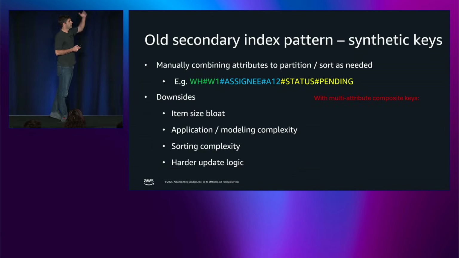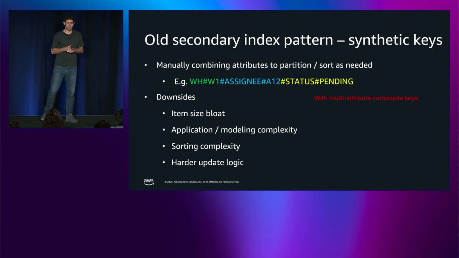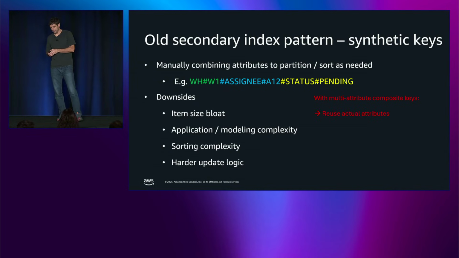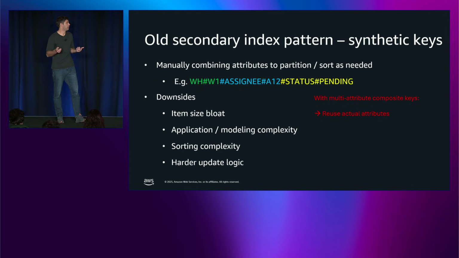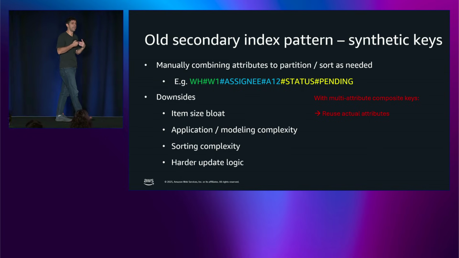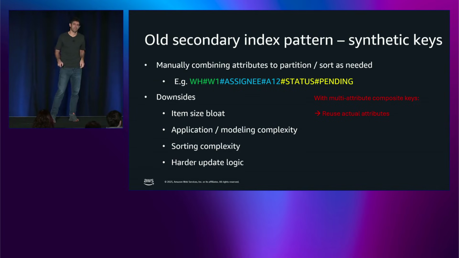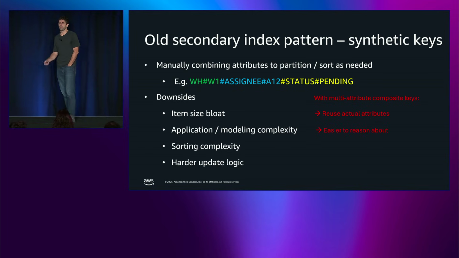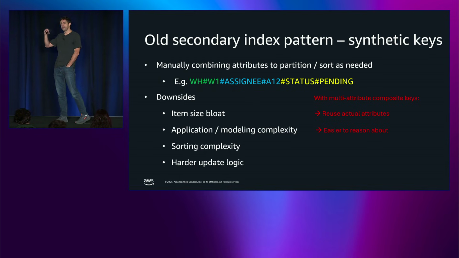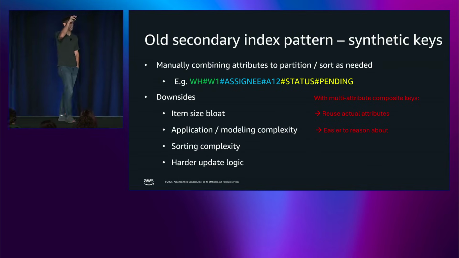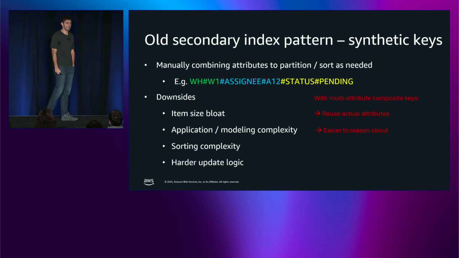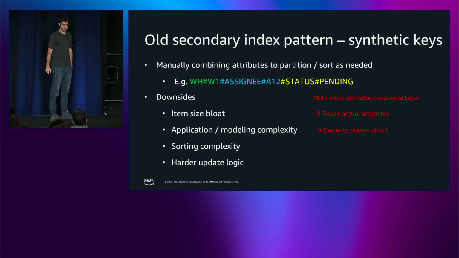So if we go back and look at those downsides, how does this work with our multi-attribute composite keys, right? We don't have that item size bloat anymore because it's actually reusing the actual attributes in our table. We're not bloating it up with another 100, 200 bytes on our table. It's a lot easier to reason about because when I'm writing or updating an item, I don't have to think, okay, which other GSI synthetic keys do I have to update as well?